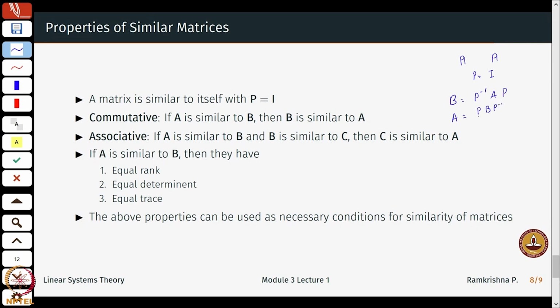If I just call P inverse to be Q, then I can write a new relation like this, Q inverse B times Q. Then, all those properties of associativity: if A is similar to B, and B is similar to C, then A and C are also similar. Okay. So, if A is similar to B, then they have equal rank, of course, they have equal determinant, they also have equal traces, right.